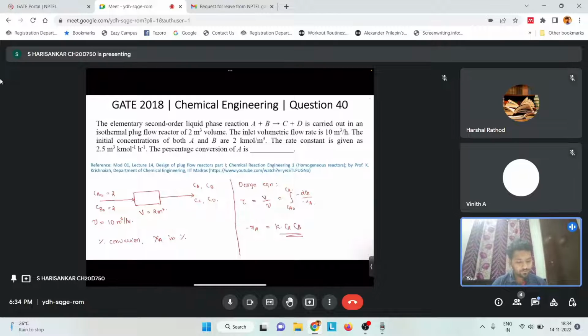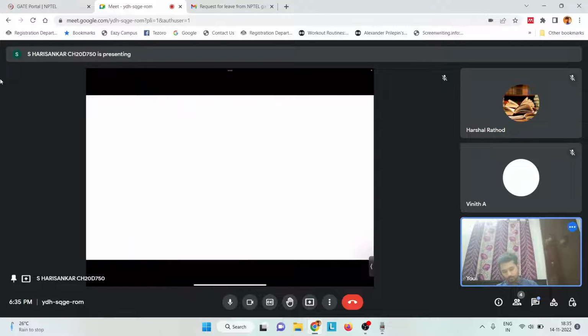We can substitute that in the design equation, and we also have the values for V and nu. If we rewrite the design equation, it will be 2 by 10 equal to the integral from CA0 to CA of minus dCA by K CA CB.